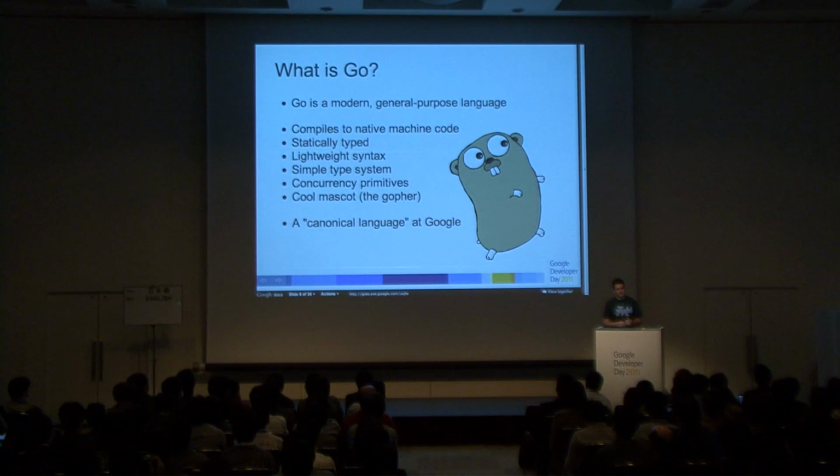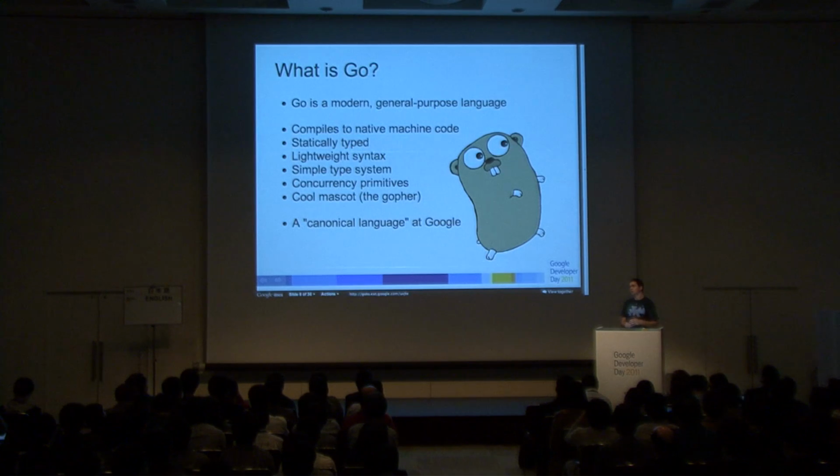So briefly, Go is a language that was born out of a frustration with the existing languages that we were using at Google. On the one hand, you have statically typed compiled languages that are very efficient and that perform very well, but can be very difficult to use. And on the other hand, you have dynamic languages, which can be very productive to use.